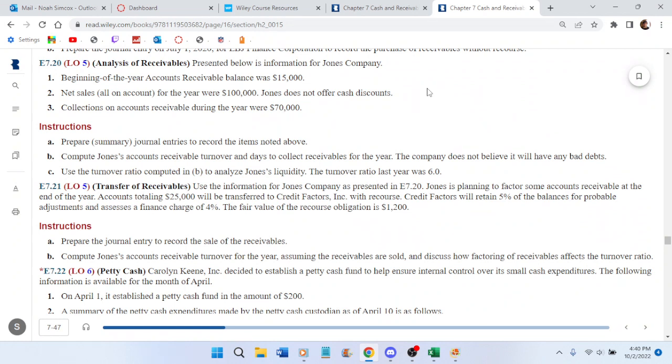The credit factor will retain 5% of the balances for probable adjustments and assesses a finance charge of 4%.